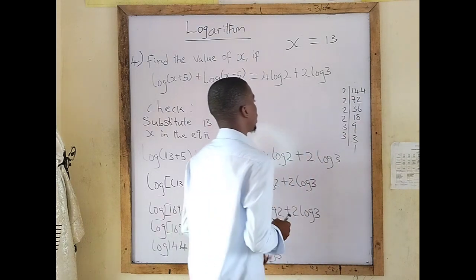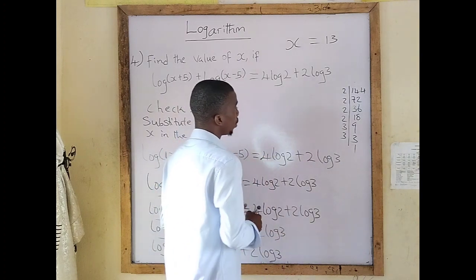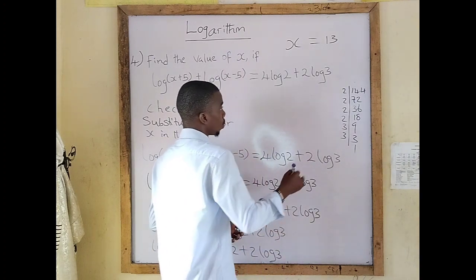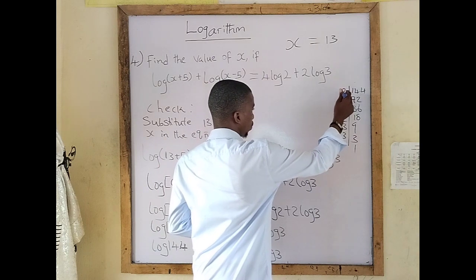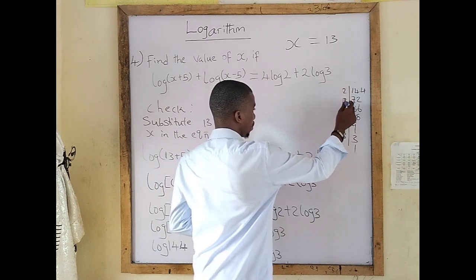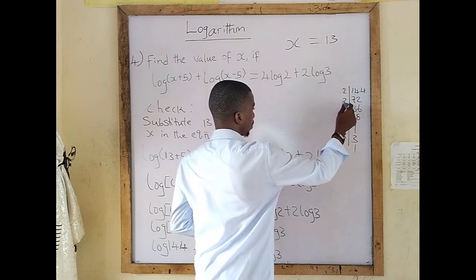Okay, so you can see here that if we multiply 2 times 2 is 4, 4 times 2 is 8, 8 times 2 is 16.